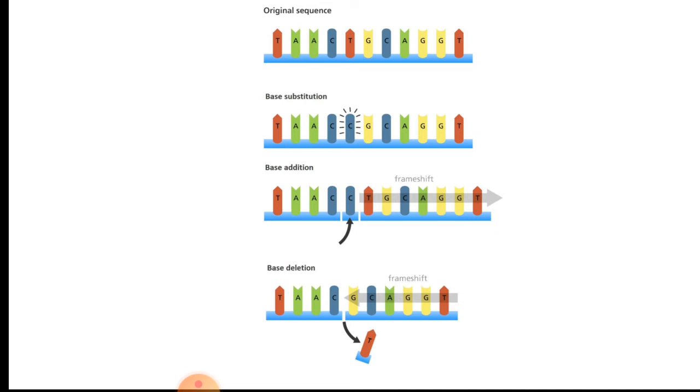It becomes cancerous. But if a mutation has occurred in the germ cell, then it will not be visible in the organism. It will be visible in the next generation when it fuses to form the zygote and the next generation offspring.